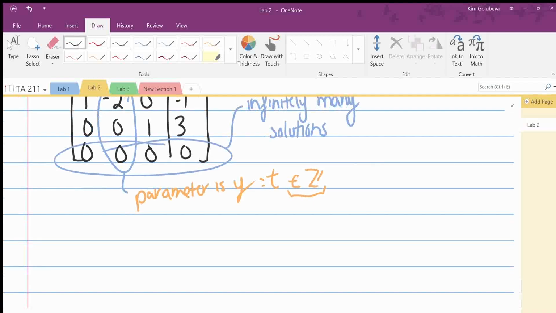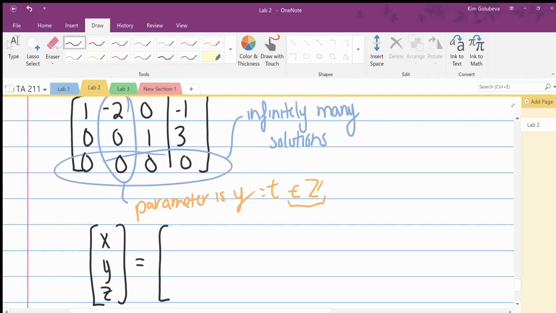So when we write it out as we have written it before, we get x, y, and z equals 2t minus 1, and this one equals t, and this one equals 3.